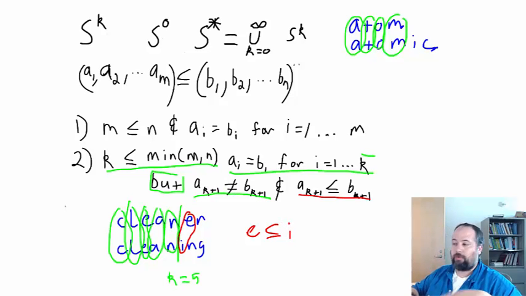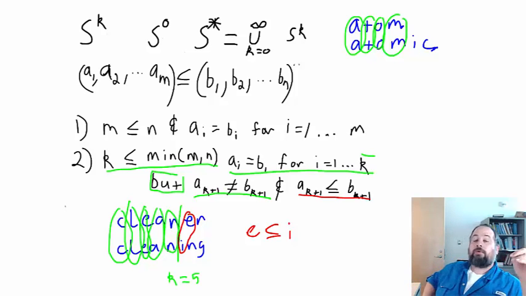So assuming that ordering, in this case, cleaner comes before cleaning. So if either of those two cases are true, then string A comes before string B. So we now have a formal definition of true dictionary ordering for any size string, any size tuple.